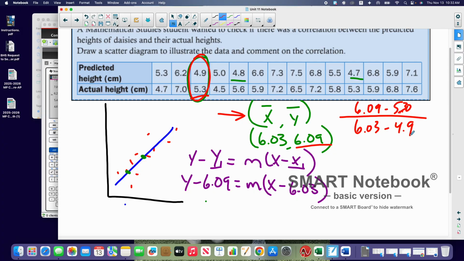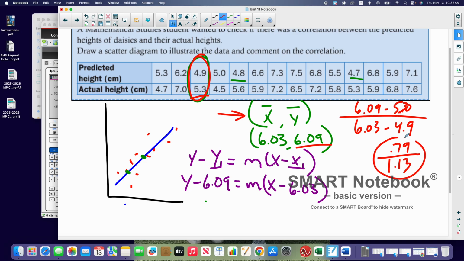Now I'm going to use my calculator to assist me a little bit with this. So 6.09 minus 5.30 is 0.79. 6.03 minus 4.9 is 1.13.